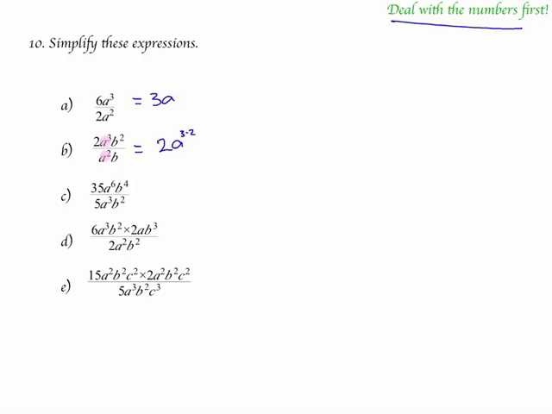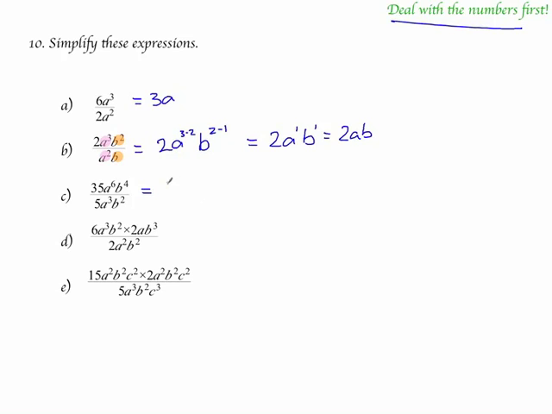And then for my b term, I've got b squared divided by b, so that's just minusing 1. Okay, if I simplify that, I've got 2a, 3 minus 2 is 1, and then I've got b, 2 minus 1 is 1, so that's just 2ab.